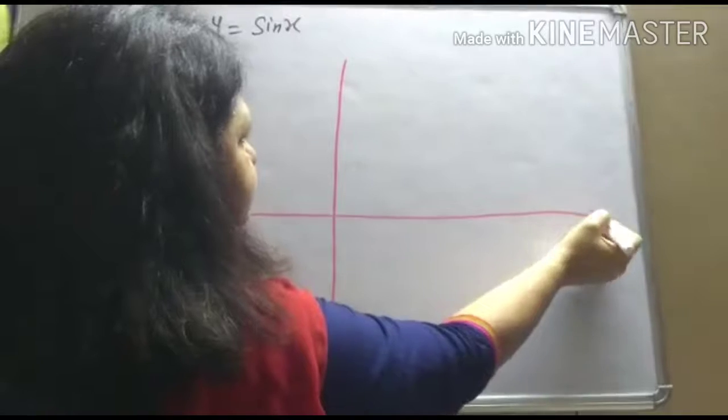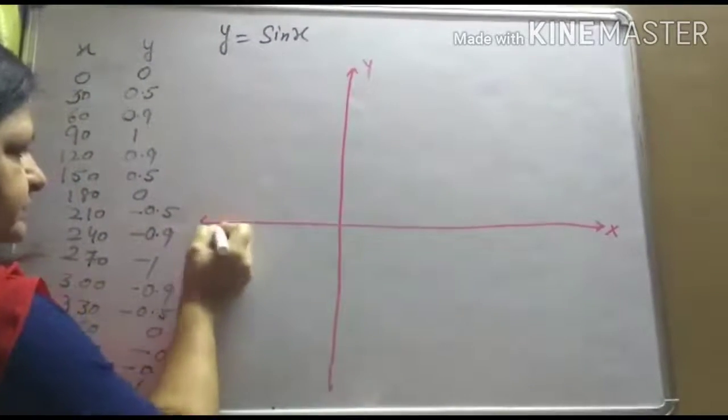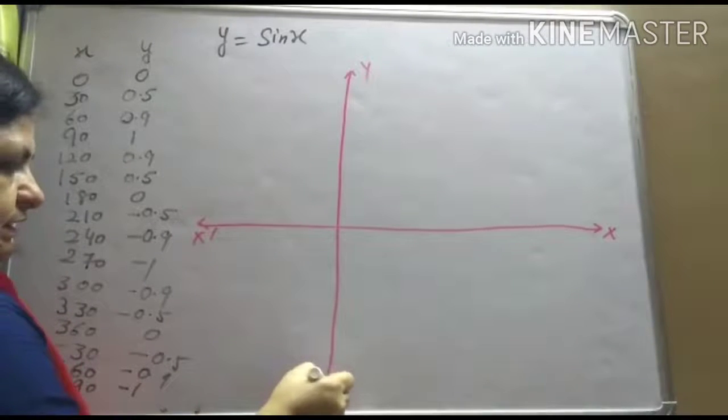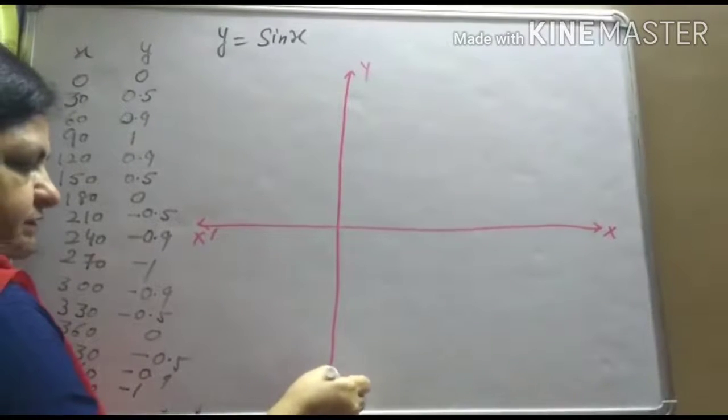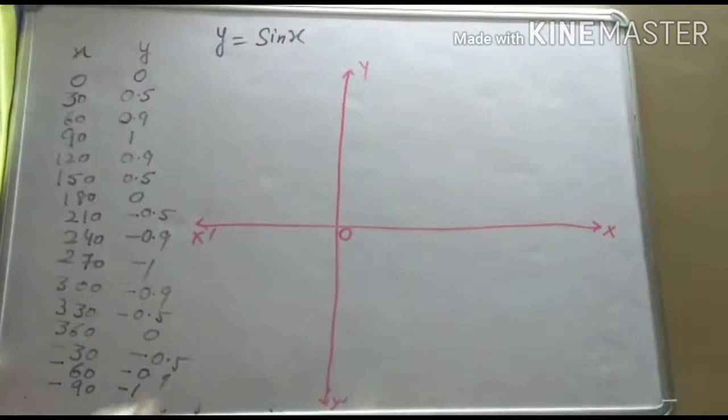Now this is x-axis, y-axis, x dash, negative x, and here we have negative y, that is y dash. This is origin.